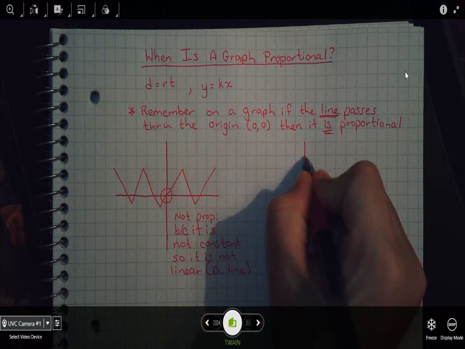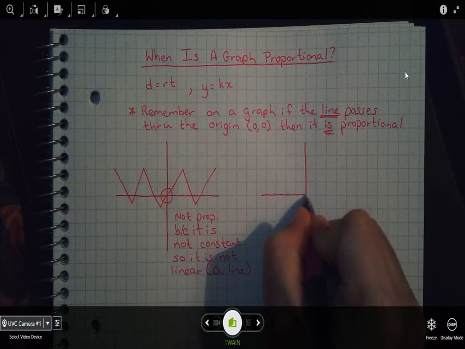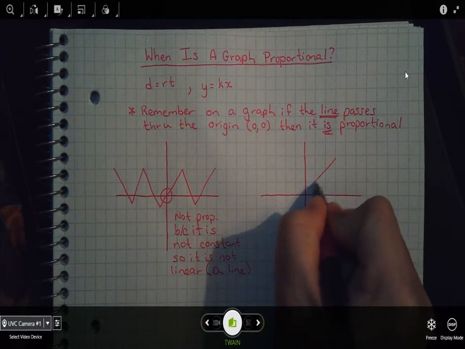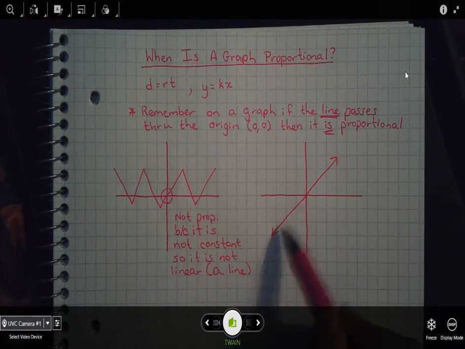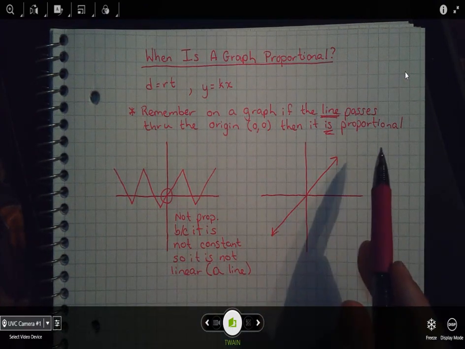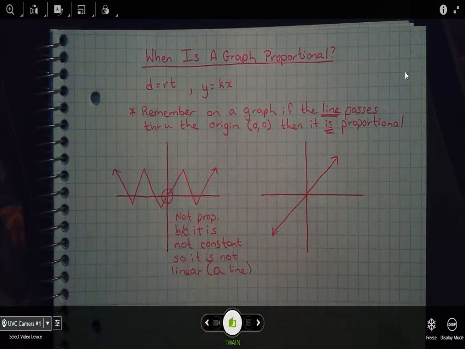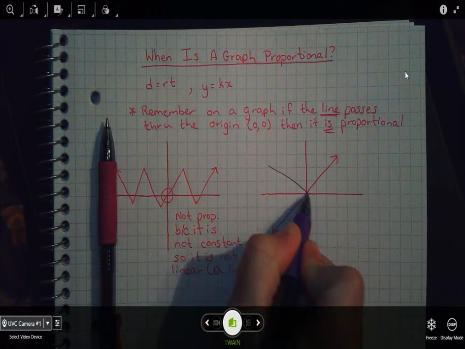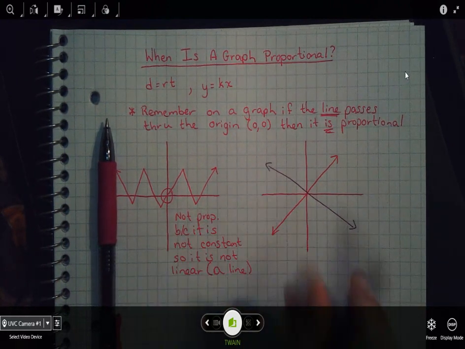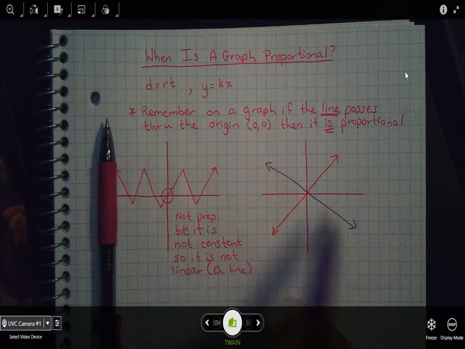So now if I were to come over here, and I were to do this, that is a line. It's constant. It stays the same direction, and it passes through the origin. So yes, it is proportional. Okay, I could do another one. It can go the other direction. It's still constant. It's still a line. It still passes through the origin. It just goes the opposite direction.